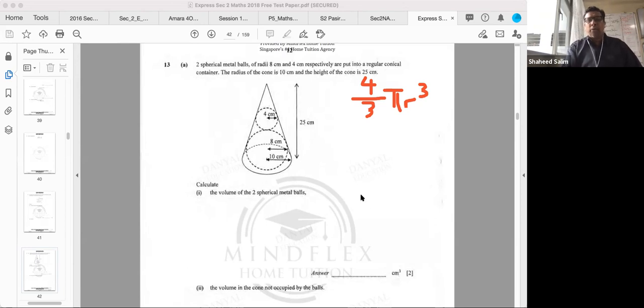The volume not occupied by the ball. You know what's the formula for the cone, right? Base area times height.